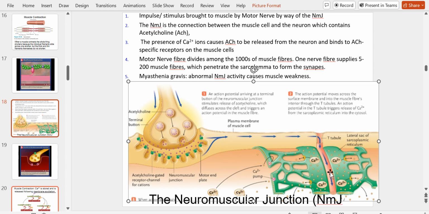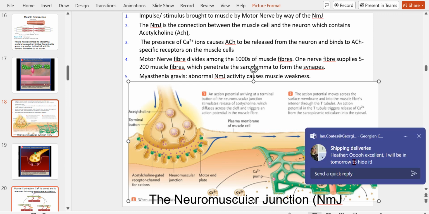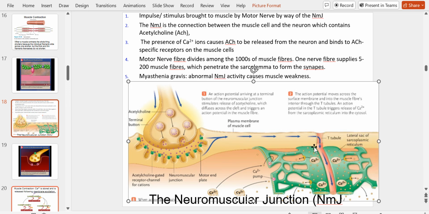And then the message travels deep into the muscle through these T tubules, which initiates the release of calcium from the sarcoplasmic reticulum. And then you see that the calcium is released, which then initiates the muscle.